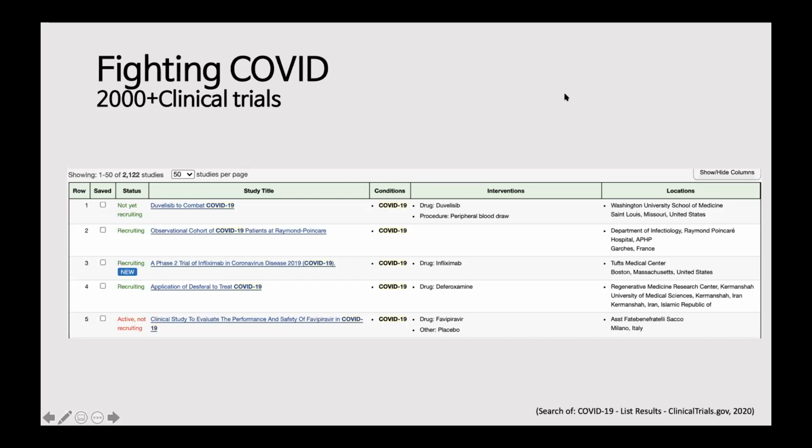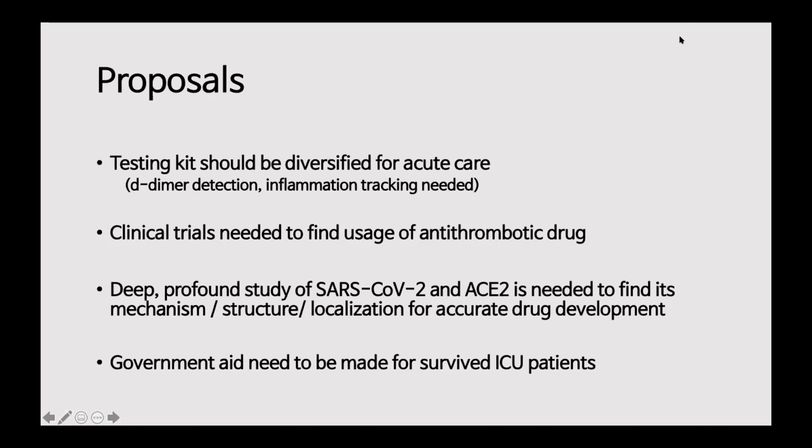Also, before I end this presentation, I would like to propose some things that we could take into account. So what I'm suggesting is that first, the testing kits should not only test whether we are positive or not, but should also test if we have a high level of D-dimers or a high level of inflammation.